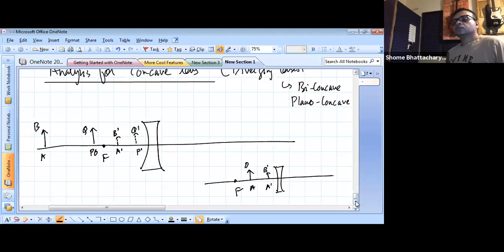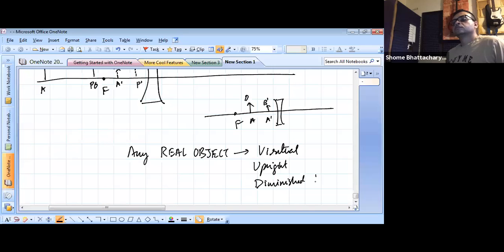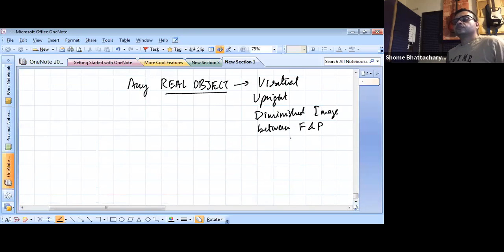So any real object gives only one type of image: virtual, upright, and diminished image. So all real objects give only one type of image.